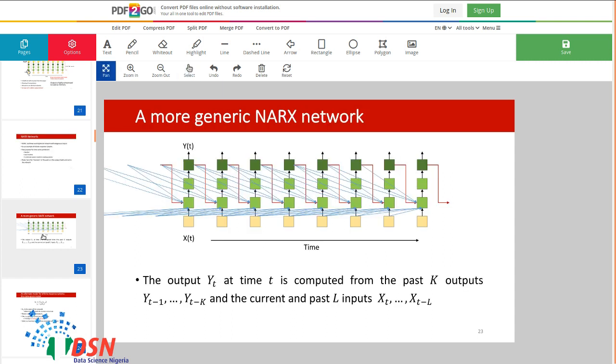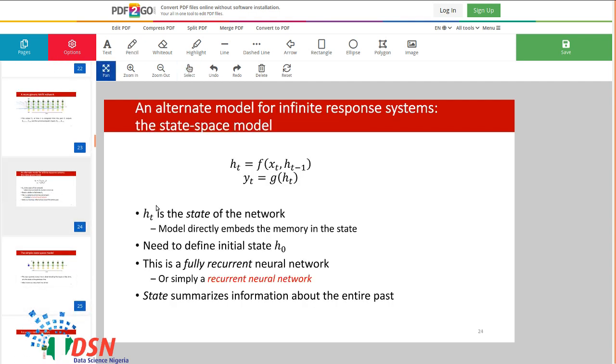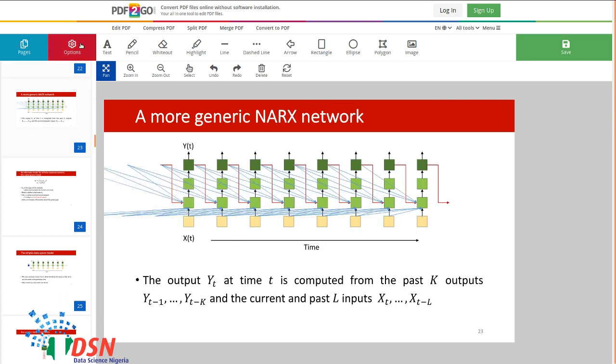For the architecture of that, we actually have different kinds of architectures. In this case, as you can see, we could pass this output to different other layers.